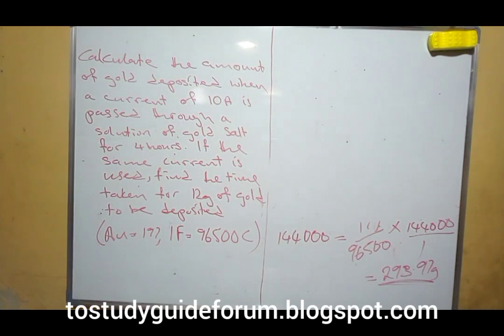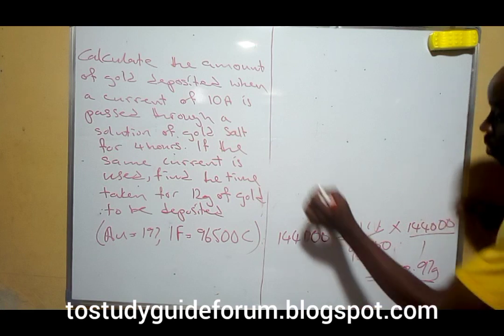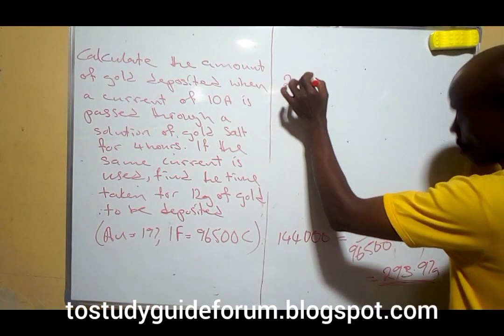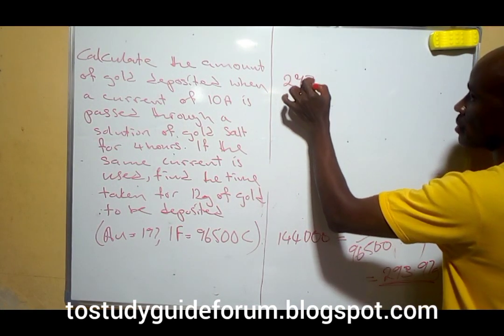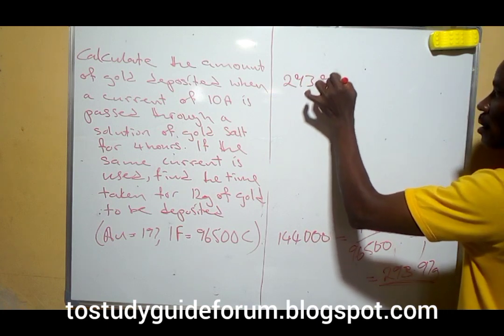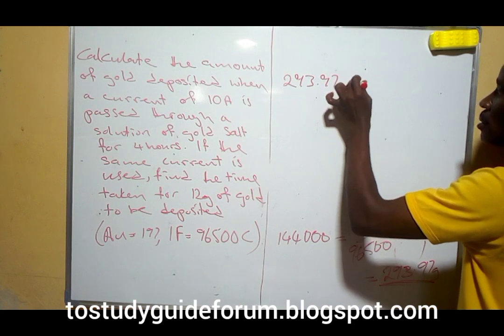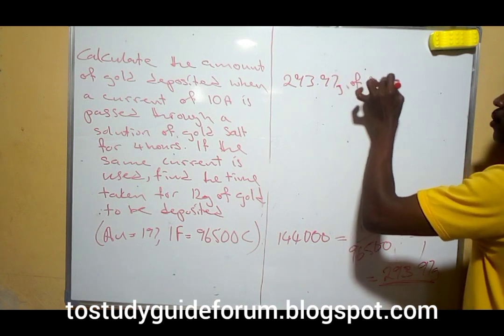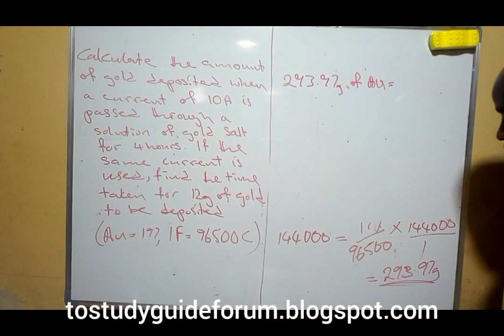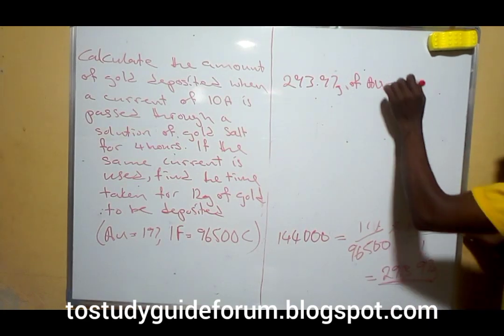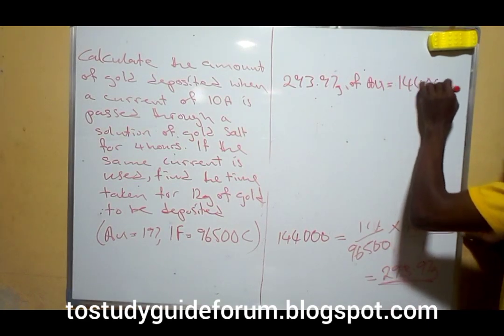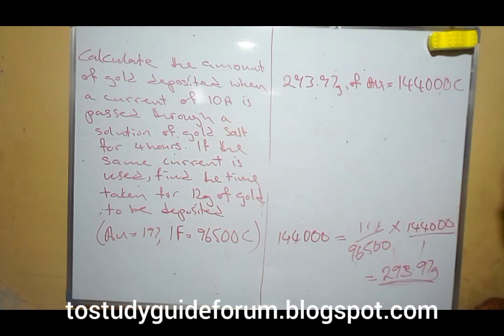From our first question that we have solved, we discover that 293.7 grams of gold required 144,000 coulomb.